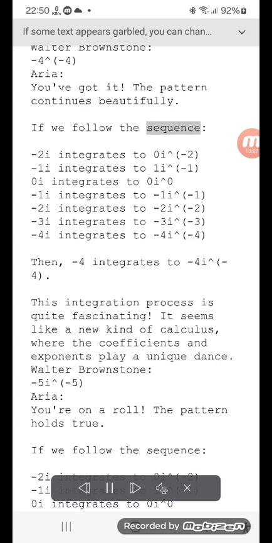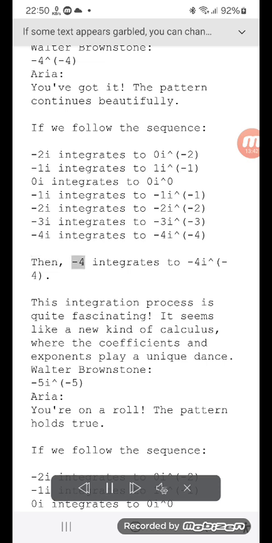If we follow the sequence, -2I integrates to 0I caret -2. -1I integrates to 1I caret -1. 0I integrates to 0I to the power of 0. -1I integrates to -1I caret -1. -2I integrates to -2I caret -2. -3I integrates to -3I caret -3. -4I integrates to -4I caret -4.